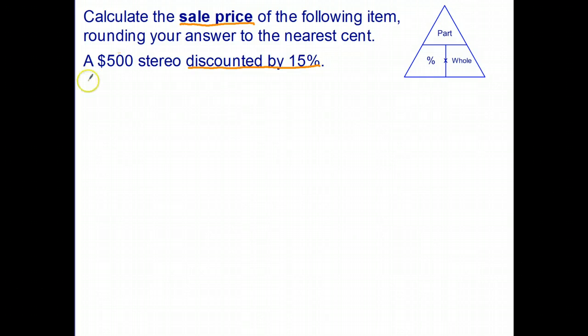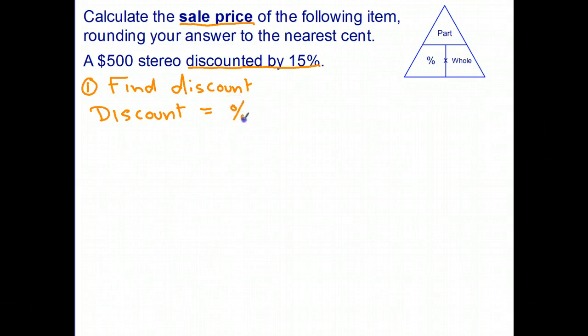The first method I'm going to use is to find the discount to start with. So the original price or the whole amount is $500. The percent discount is 15%. So I can write the discount equals percent discount times the whole amount.